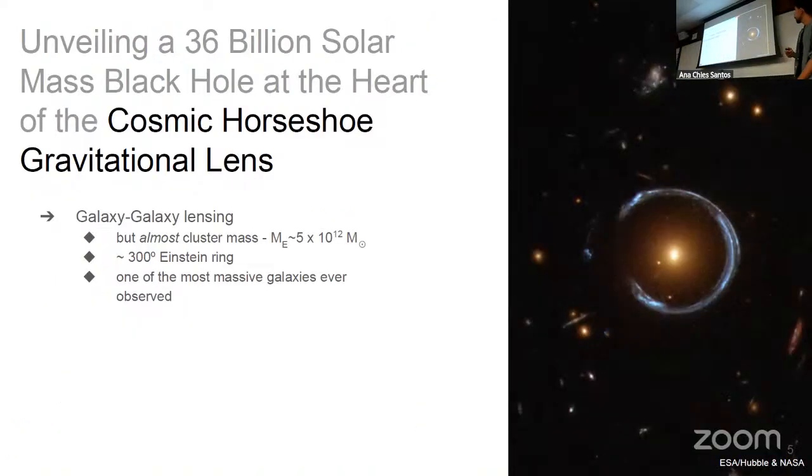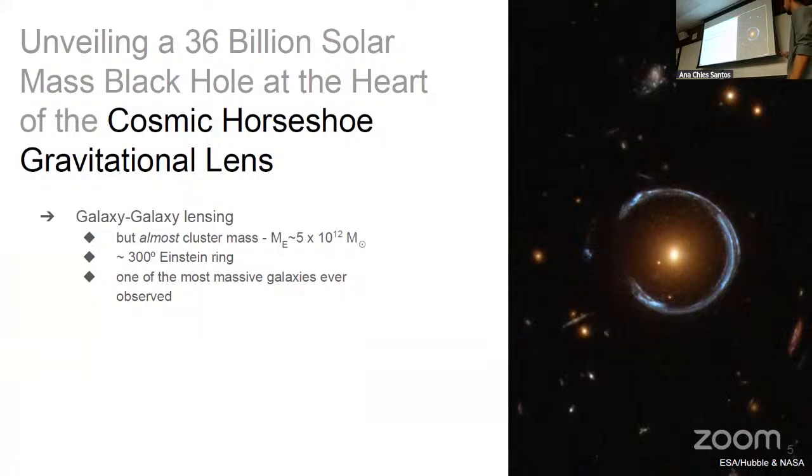To the next part, the Cosmic Horseshoe is one of these gravitational lens systems, but it is a very special one, because the Cosmic Horseshoe is one of the most massive galaxies ever observed, and probably the most massive lens galaxy observed nowadays.